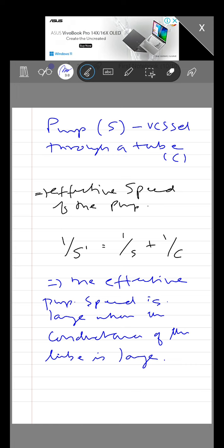And since the conductance depends upon the diameter, being proportional to d cube as previously said, to get a higher pumping rate we need to increase the diameter of the tube.